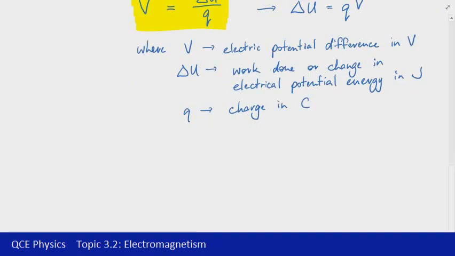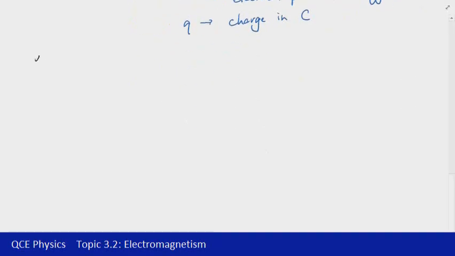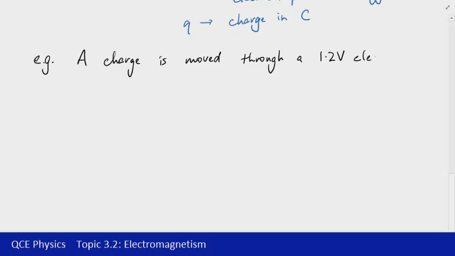So let's have a look at an example question here that uses this equation. And we're going to start off with a charge that is being moved through a 1.2 volt electric potential difference.